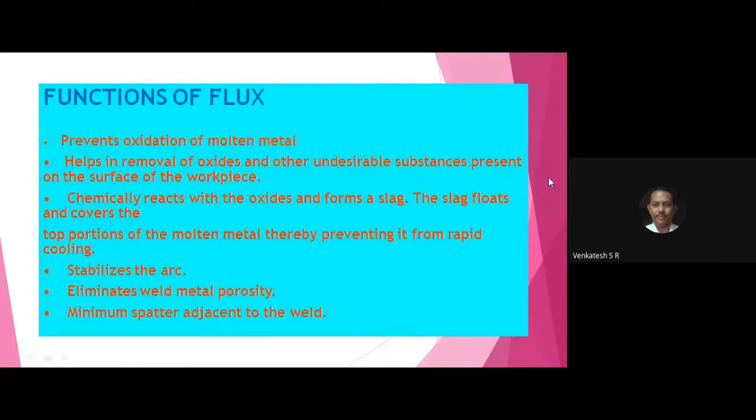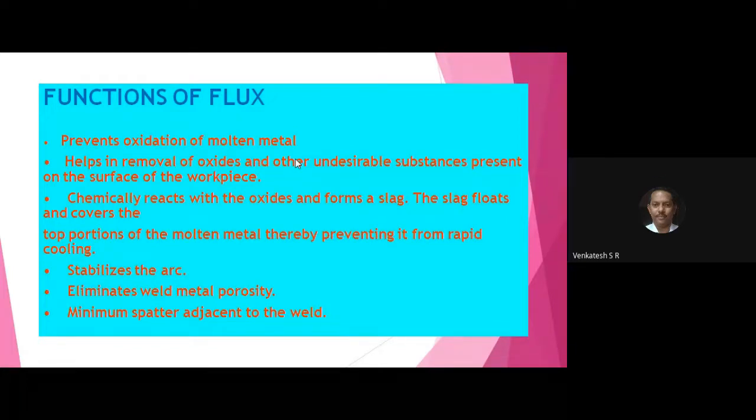First, write down the title, functions of flux. Underline that. Below that, write down number 1, prevents the oxidation of molten metal. See, all of you know that the edges of the joint are made to reach a plastic state, that is the liquid state.